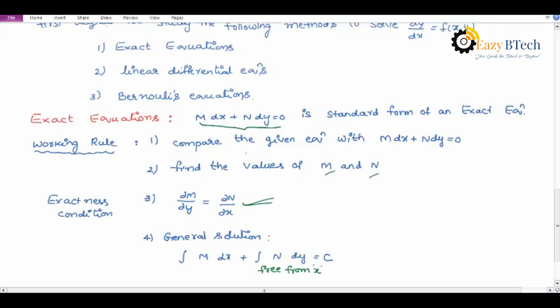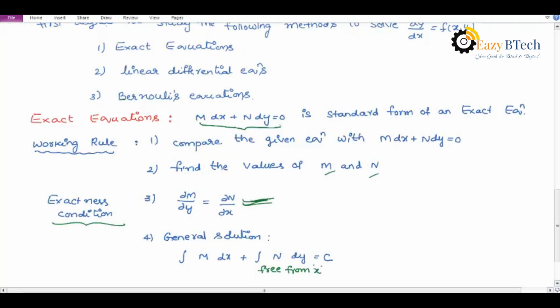After writing the values of M and N, verify the exactness condition, which is dou M by dou y is equal to dou N by dou x. If the differential equation satisfies this condition, then we can say that the given equation is an exact equation.